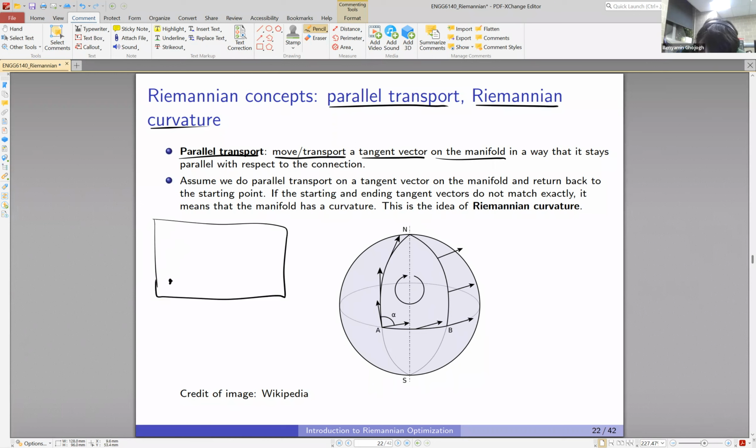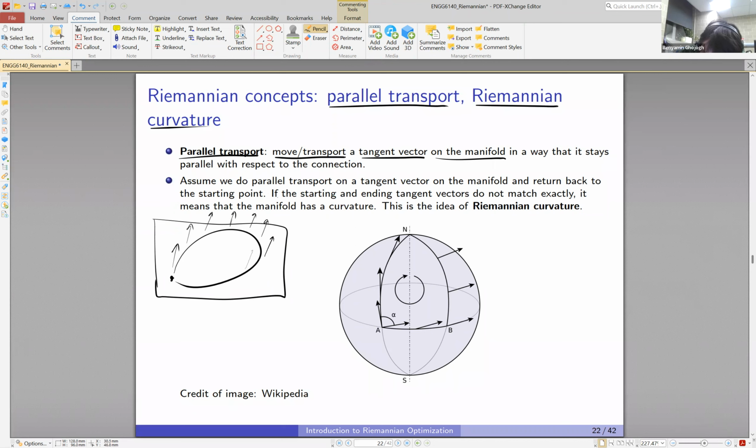If I move on this path in this Euclidean space like this, let me draw it. So I will have something like this.